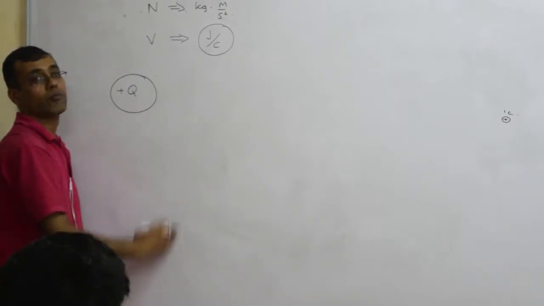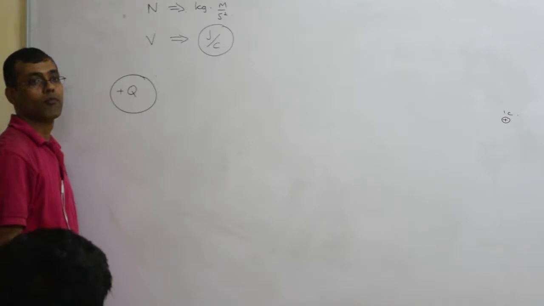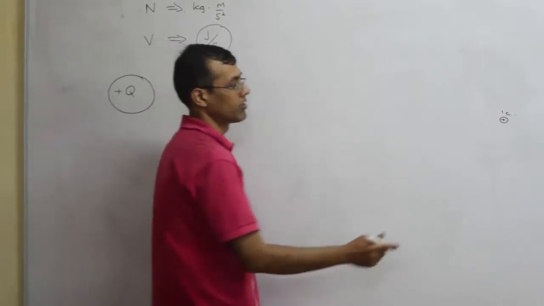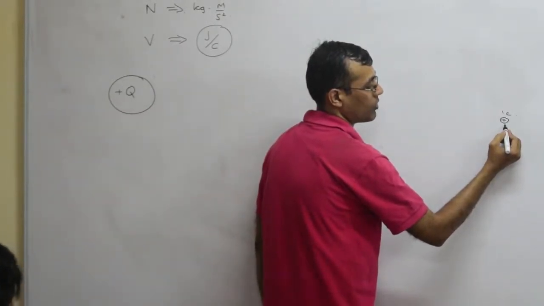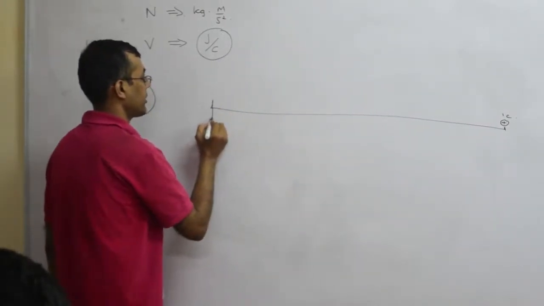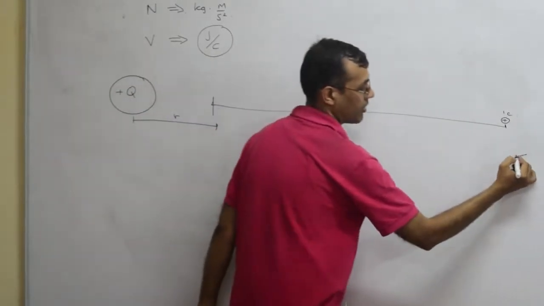So 1 joule of work to move a test charge Q from infinity to a point. Yeah, so that's the definition. Basically, how much work is done to push this 1 coulomb to a given point R from infinity? So this is at infinity.